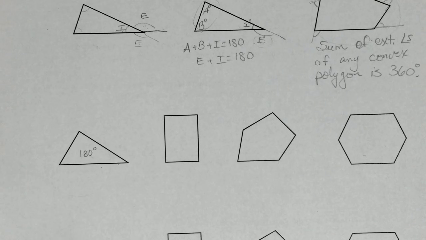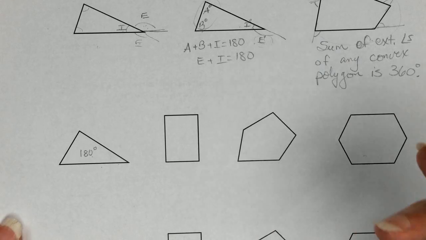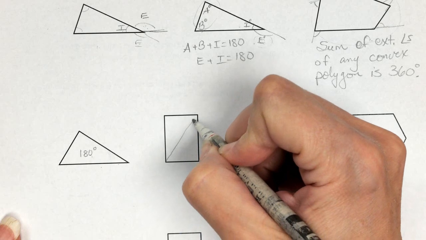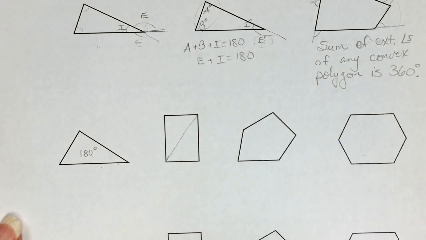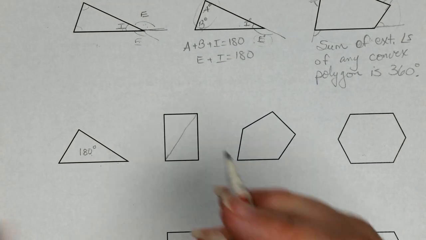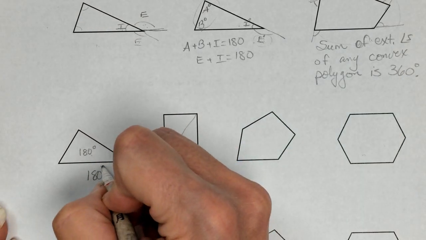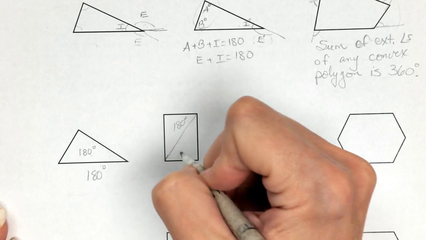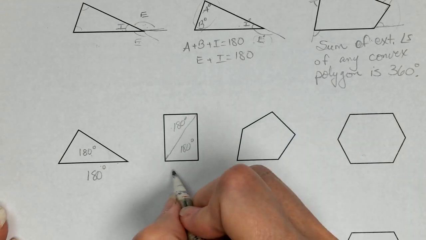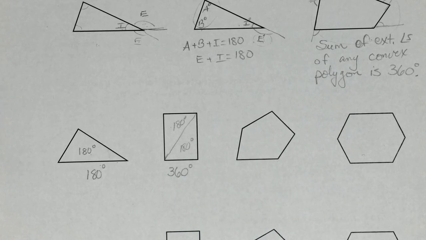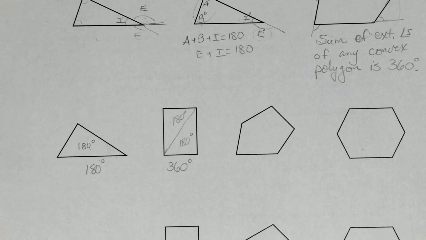Now, in any quadrilateral, that looks like a rectangle, but it wouldn't need to be, we can draw a diagonal, and we have now split it into two triangles. We know each of these is 180 degrees, 180 here, 180 there. The sum of the interior angles of a quadrilateral is 360 degrees.